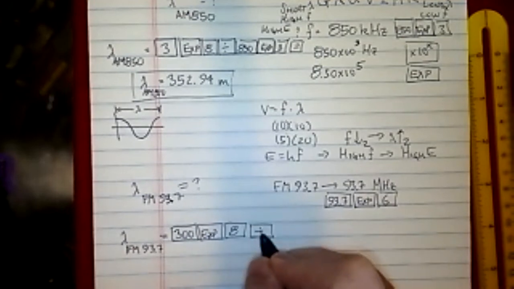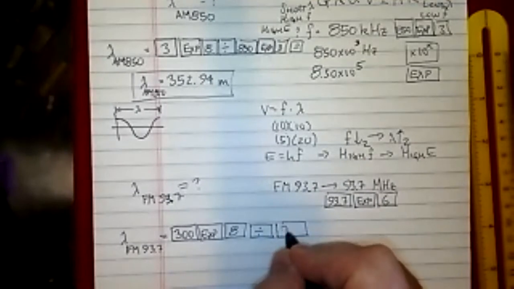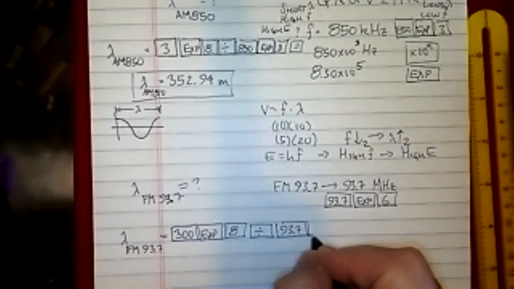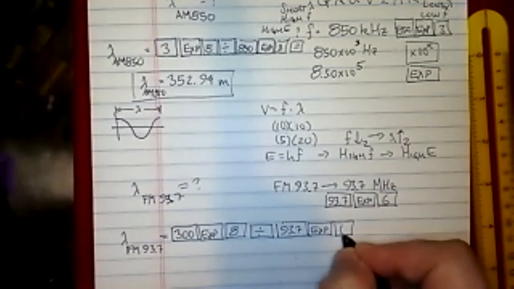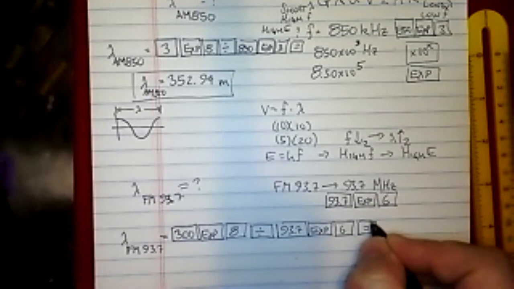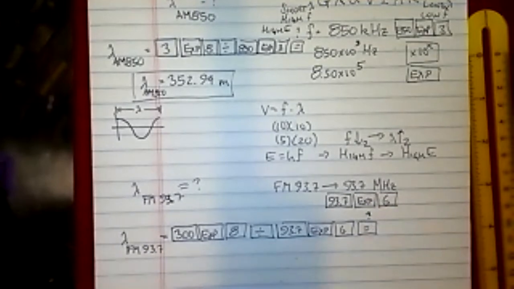Now I've got to divide it by the frequency, which I'm going to call 93.7 exp 6. And again, your calculator may or may not require you to hit equals. So I'll put a question mark over top of that.